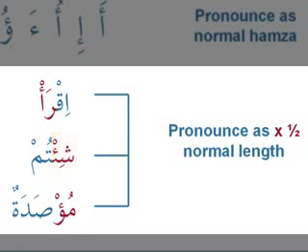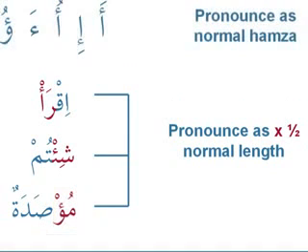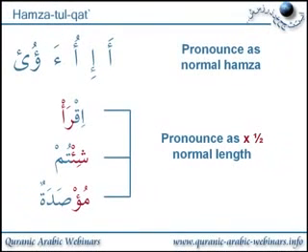Cut the E sound in half. And the last one, instead of saying Mu Soda, we say Mu Soda. So it's half the length of the U sound. Okay, so we just go Mu Soda. Quick recap then, any short vowel followed by a Hamza which is Sakin, cut the length down by half.